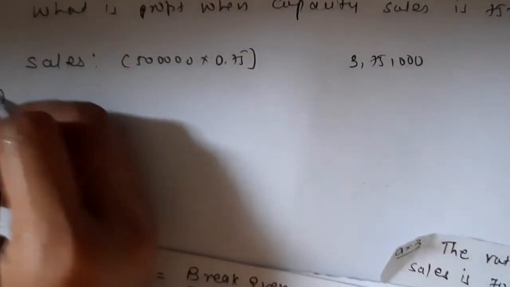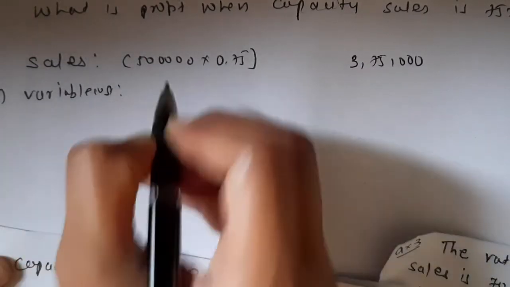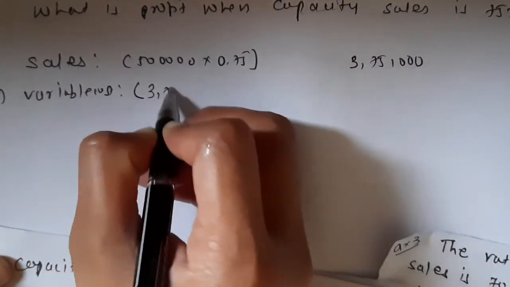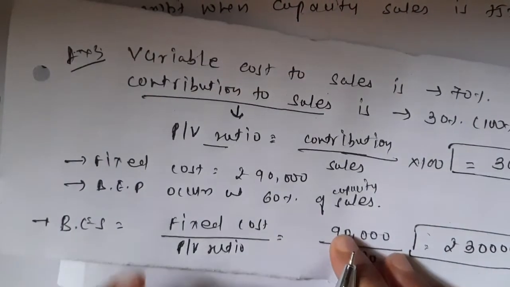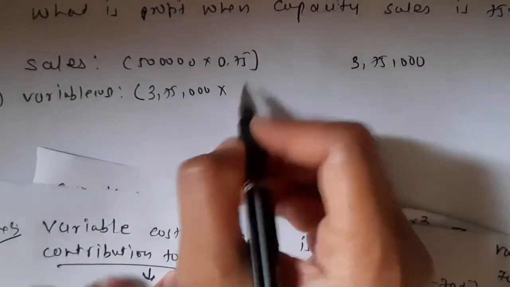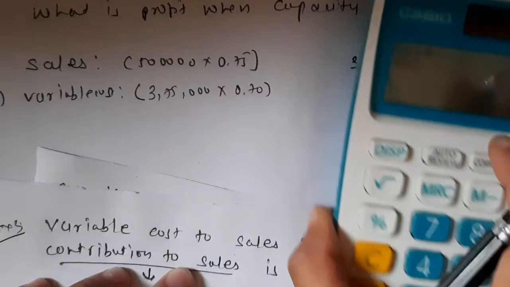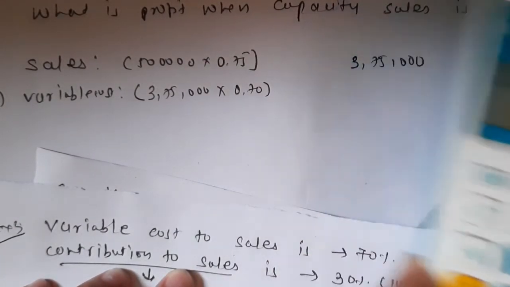Okay. Less variable cost. It is 3,75,000. How much variable cost is there? It is already given. How much? Variable cost to sales is 70%. Okay. So 3,75,000 into 0.70, 2,62,500.